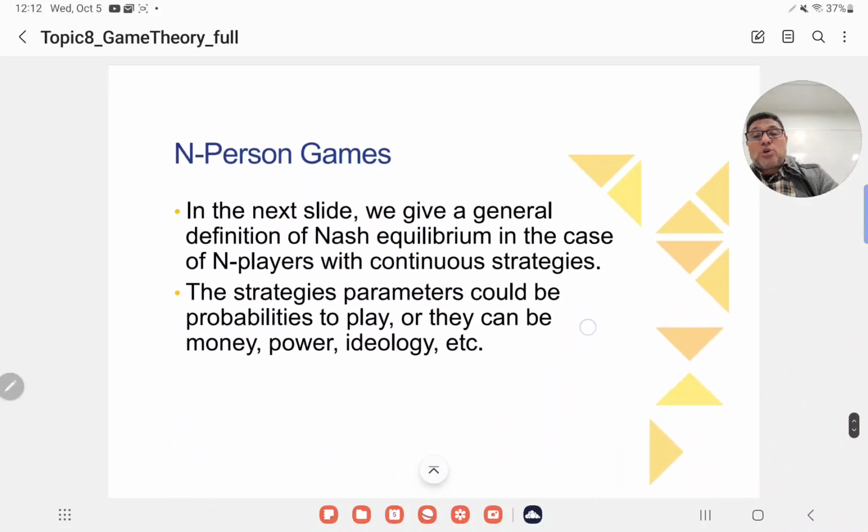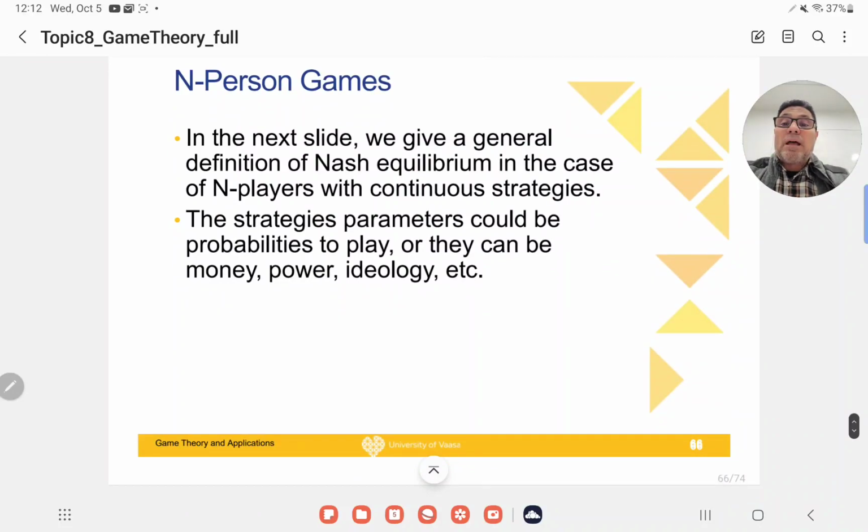So it is quite general. And the strategy parameters can be the probability to play, or they can also be money, such as investment money. It can be power. It can be ideology. Actually, you can also think about ideology as one of the strategies that you play.